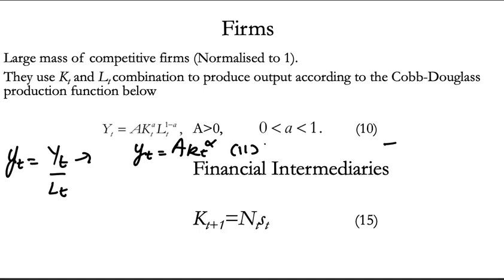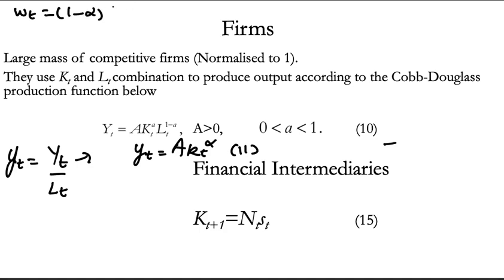Not only that, profit maximization under perfect competition implies that equilibrium wage and return to capital are equal to what? Let me write it here. The equilibrium wage rate is given by this.